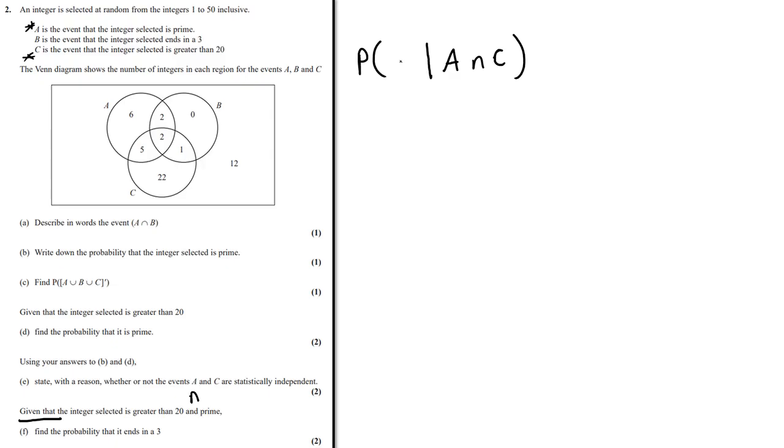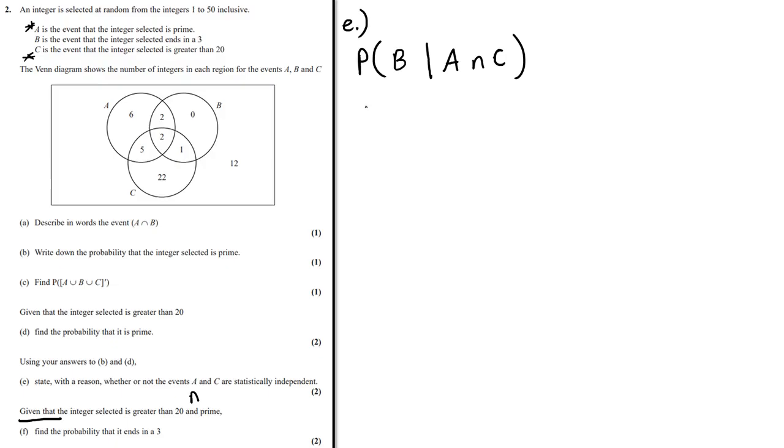And this first part here, what would this be? Well, we find that here where it says find the probability that ends in a 3. Well, the only event that's left is B. So that's going to be the probability of B given A intersection C. Now, don't overcomplicate this. Again, all we do here is just use our conditional probability formula.